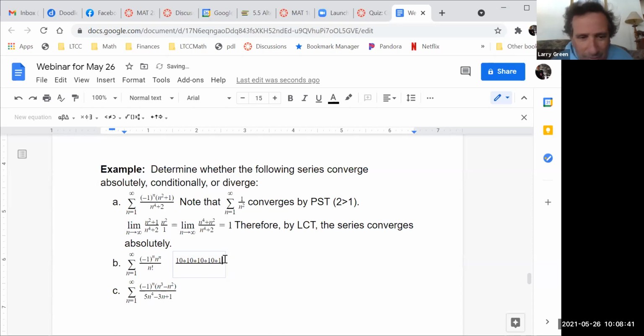So let's go with 5 instead of 10. It'll take all day long with the 10. So it's 5 times 5 times 5 times 5 times 5 over 5 times 4 times 3 times 2 times 1. What do you notice about this fraction? Is it big or small?